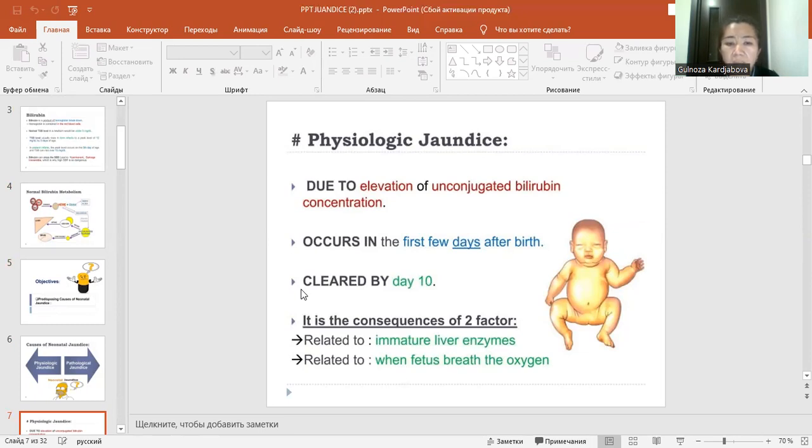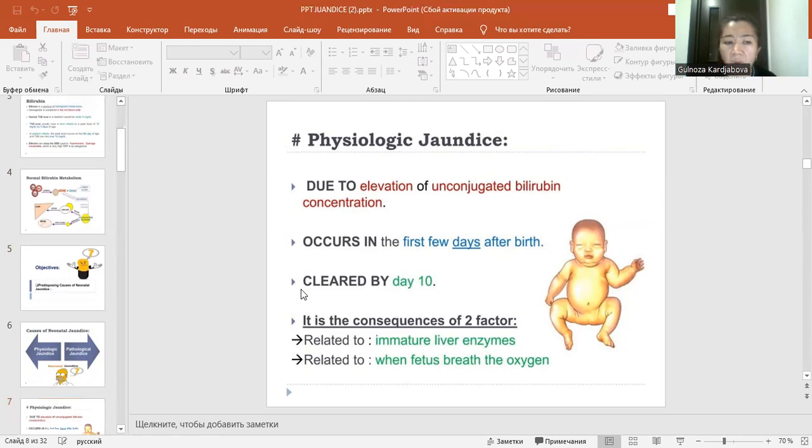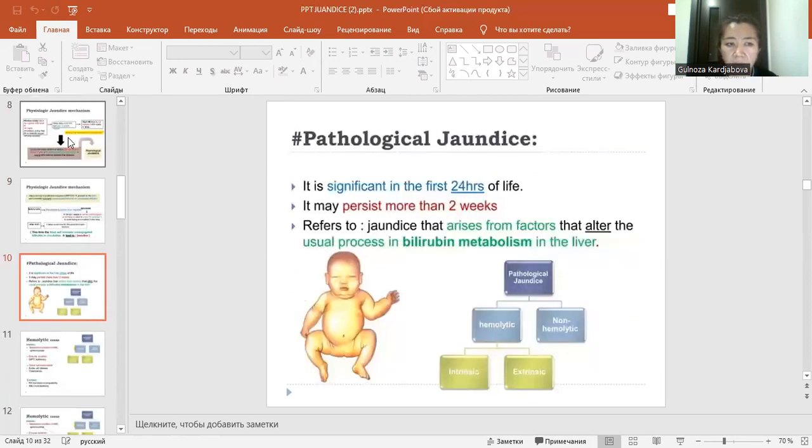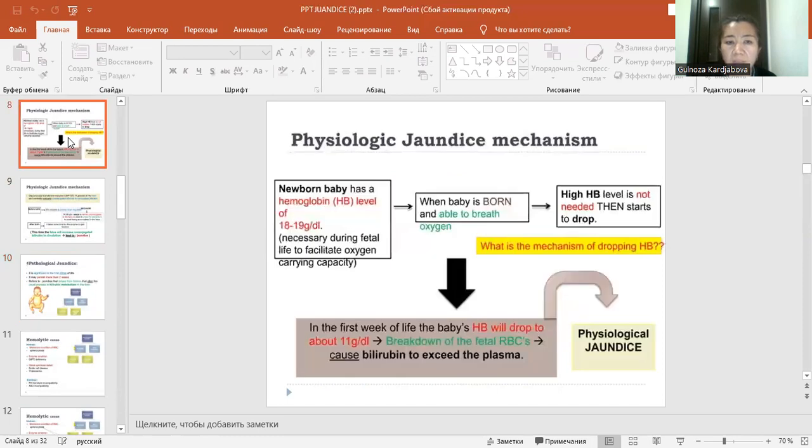It's a consequence of two factors. First is related to the immaturity of liver enzymes. Second, it's related to when the fetus starts breathing oxygen. So the sclera and skin will have a yellowish discoloration.